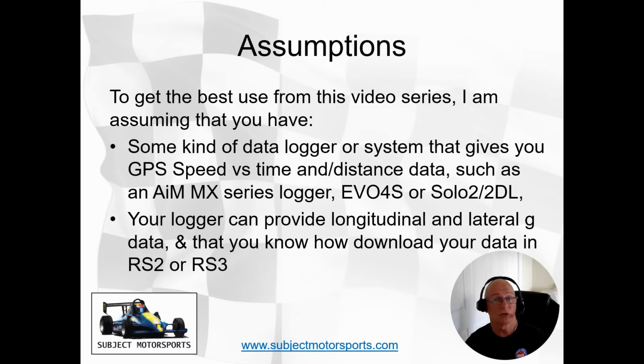So your data will probably look the same, it'll just come from a different device. Additionally, your logger must be able to provide some kind of longitudinal and lateral G data, and you should know how to download your data in whatever software you like to use. In my case, I use Race Studio 2 or Race Studio 3 from AIM.